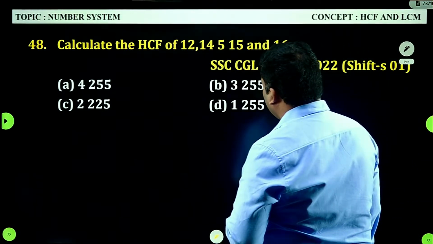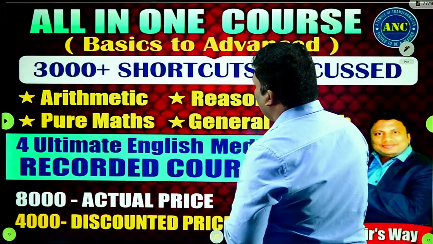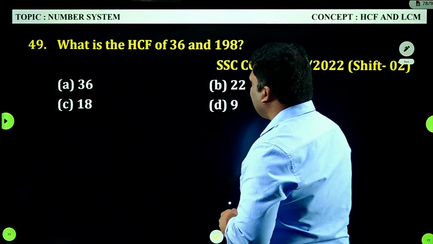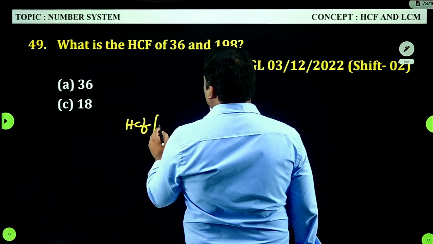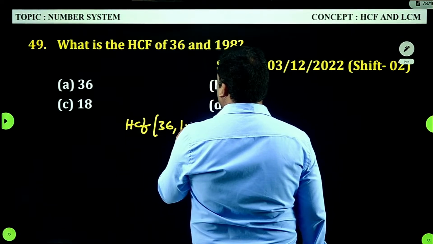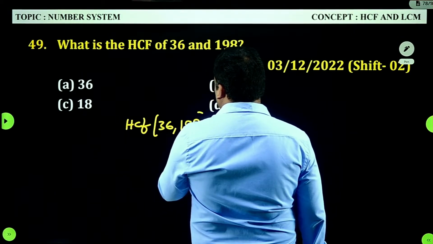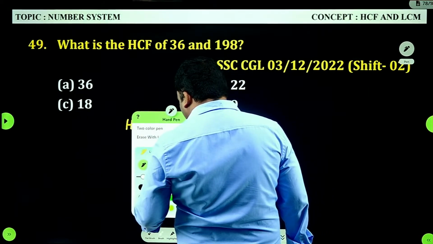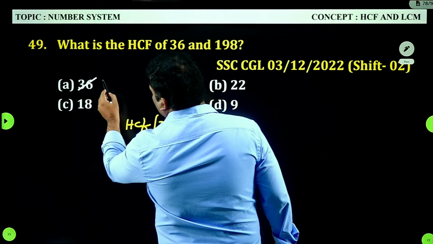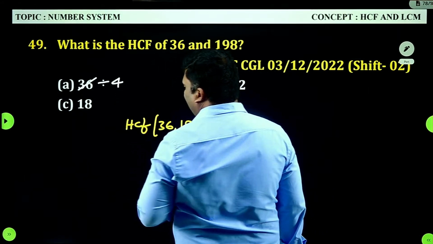Now let me see if there are any such questions. HCF of, tell me the answer, sir. Please drop your pens and tell me the answer. HCF of 36, 198. 36 is divisible by 4.